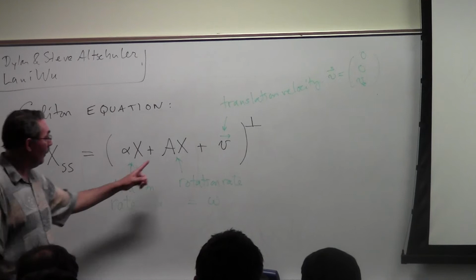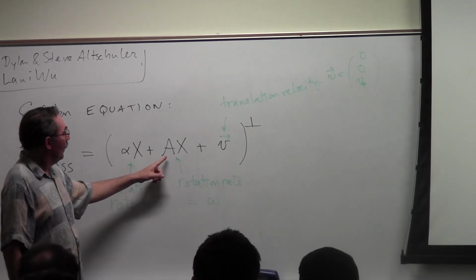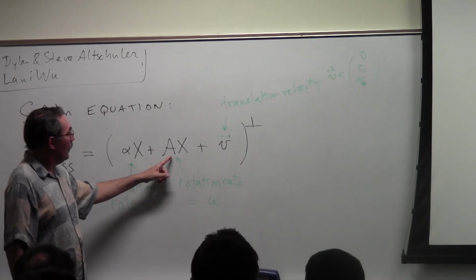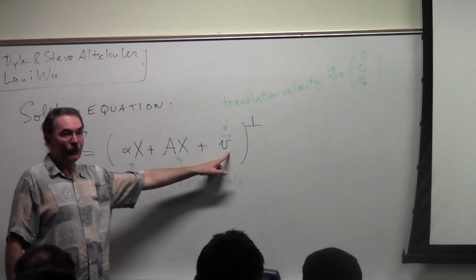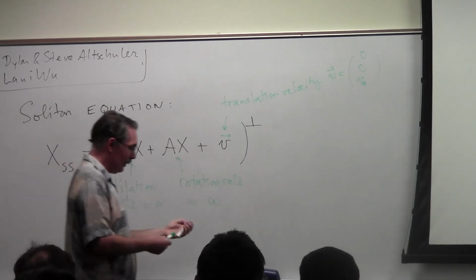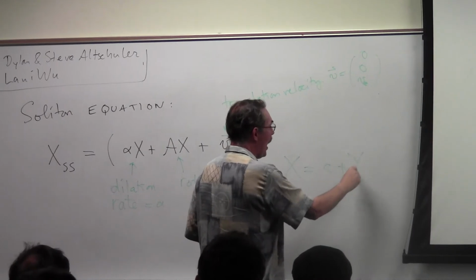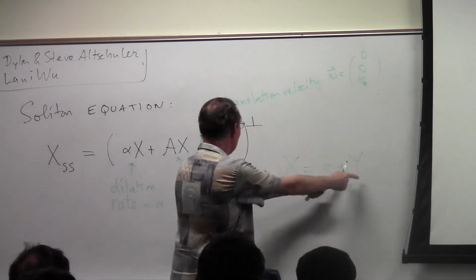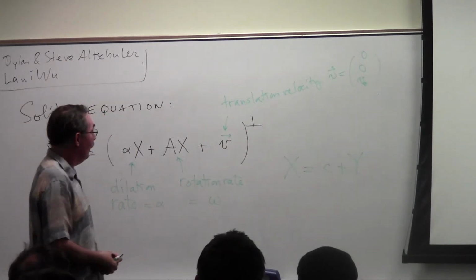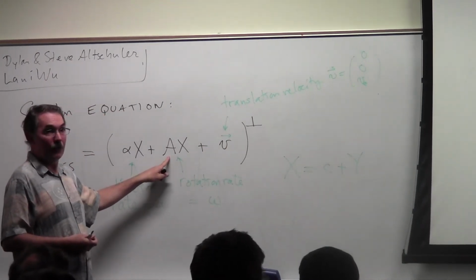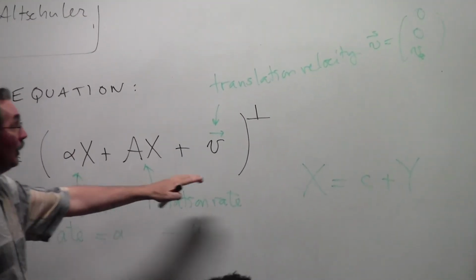But by translating, basically by substituting x is some constant vector plus y, where y is your new soliton, you can kill off any component of this that's not in the kernel of A. And if alpha is non-zero, then you can kill off the thing entirely.